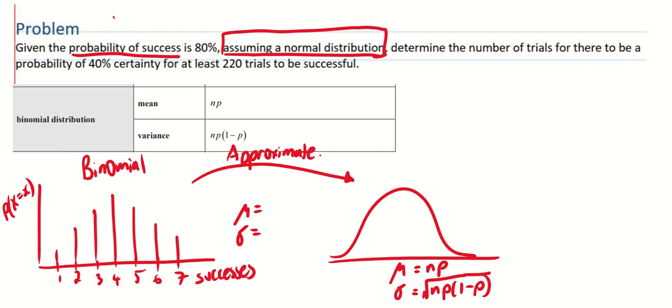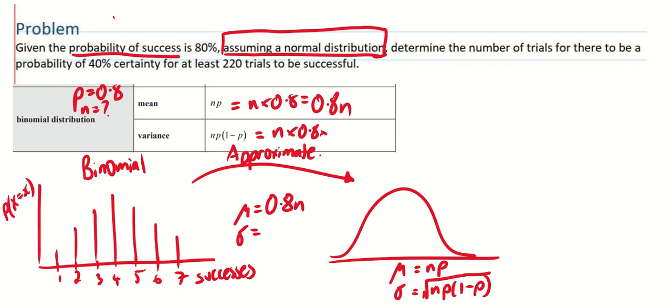So that's probably where you came into trouble: you know the probability of success is 0.8, but n, you have no idea what that is, but that's okay. Our mean is np, which is n times 0.8, so 0.8n. We can deal with that, and our variance will be n times 0.8 times (1 minus 0.8).